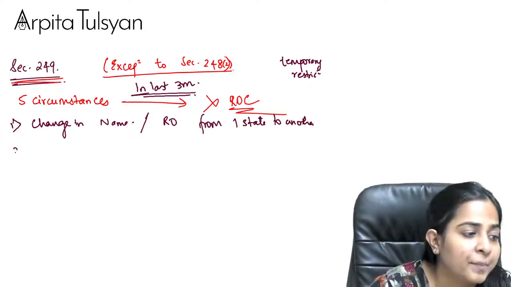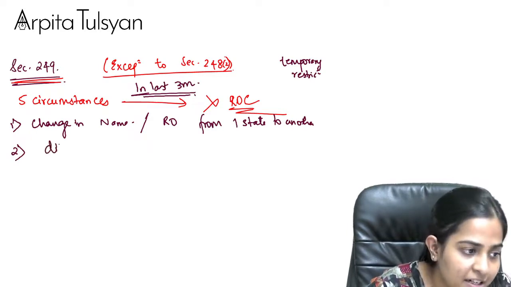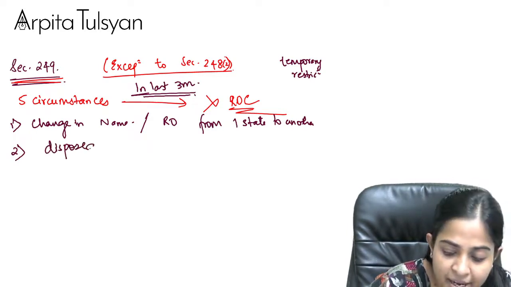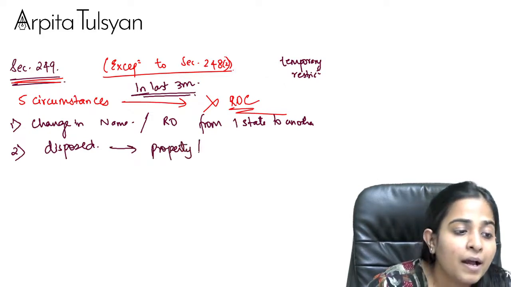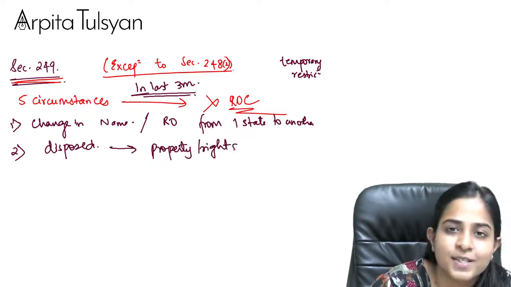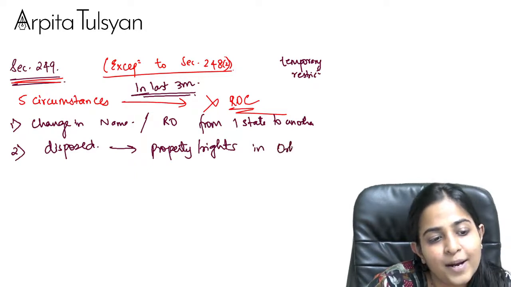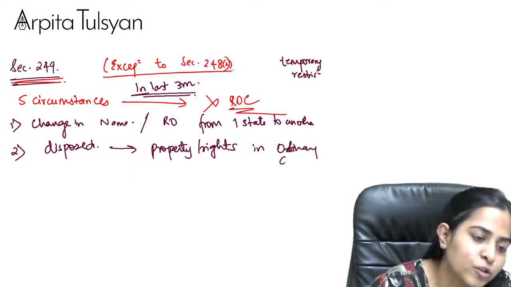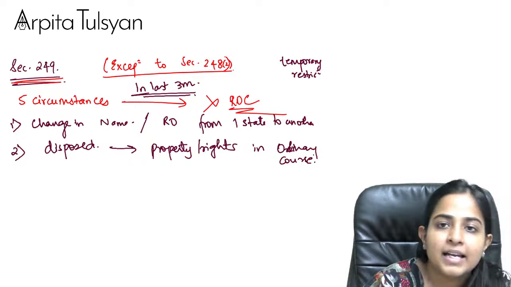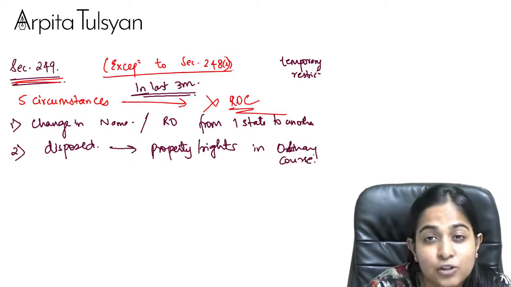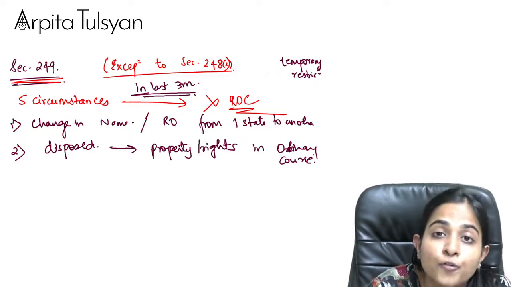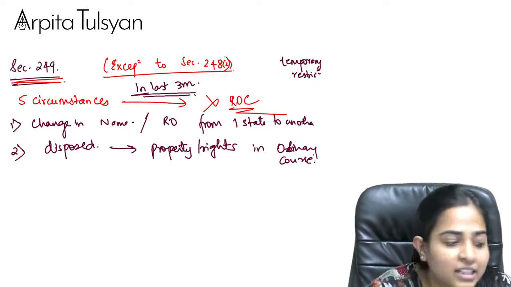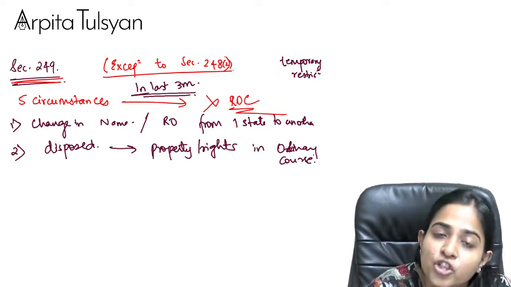Another one. If the company has disposed of majority of its properties or rights, but in ordinary course of business. Generally, whenever a company sells off maximum of its property and rights, there is a doubt of going concern, whether the company will continue in the near future or not.